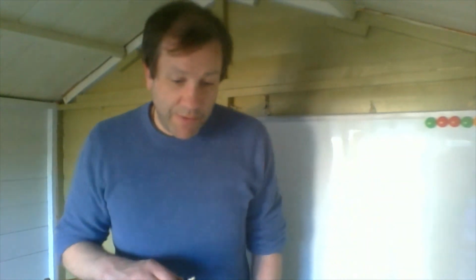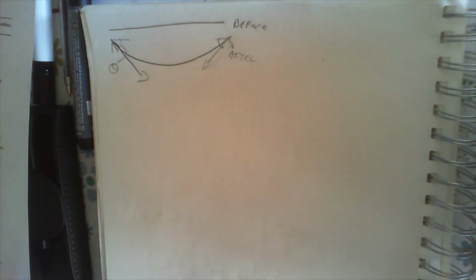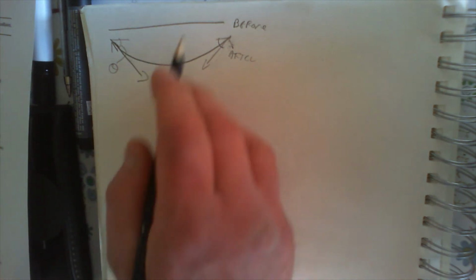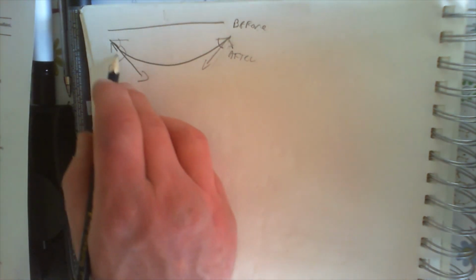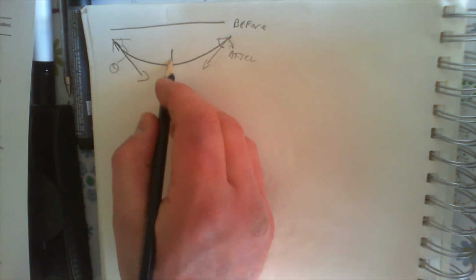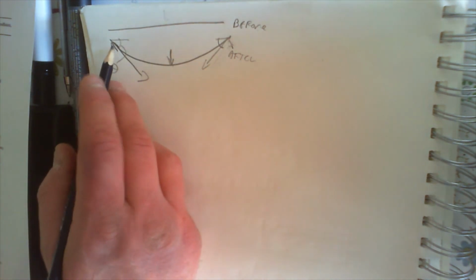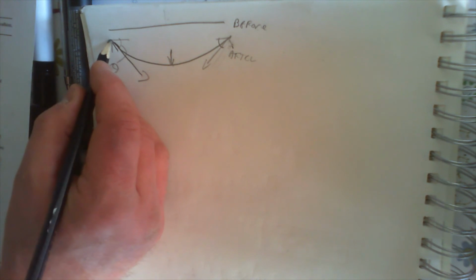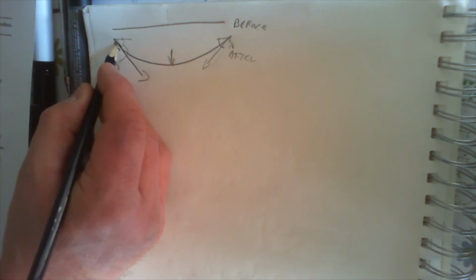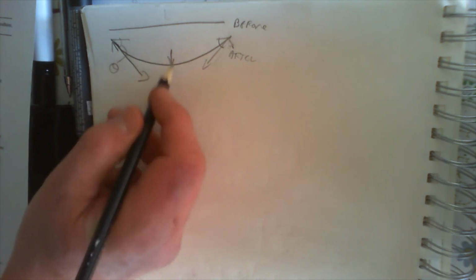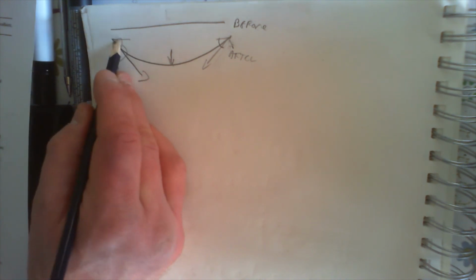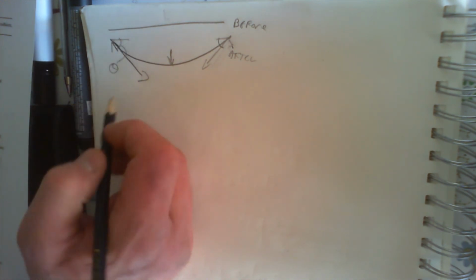Obviously, you remember what slope and deflection are, don't you? Are you sure? Do you want me just to quickly go over it? Your slope here is, if you've got a load there, it bends that. So basically this is going to be bending down at a particular angle, depending on the load, and this angle here is your slope.